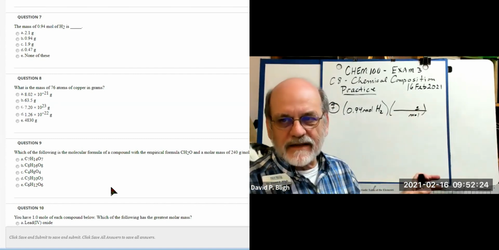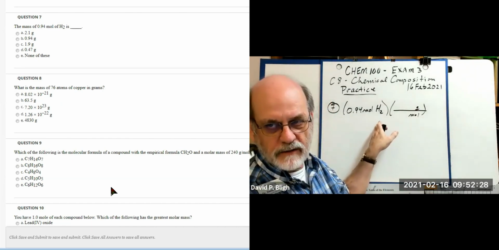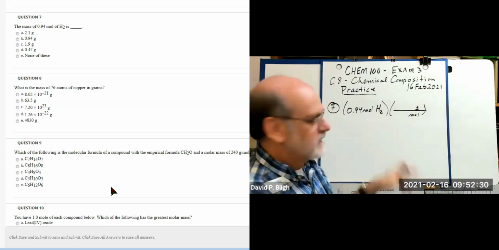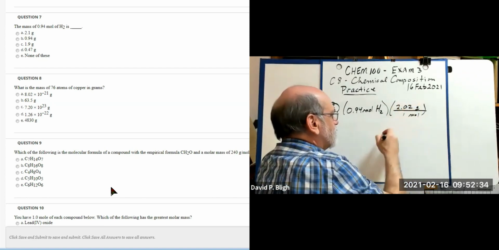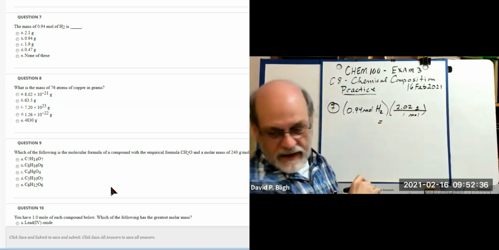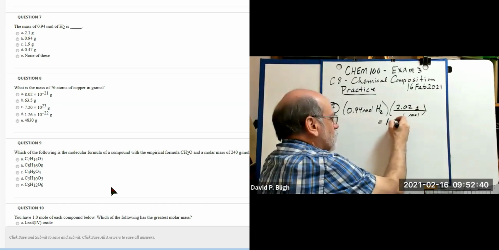The common mistake that's made with this type of conversion is you forget to double your hydrogen. You get 2 of them. And then rounded off to 2 significant figures is 1.9 grams.